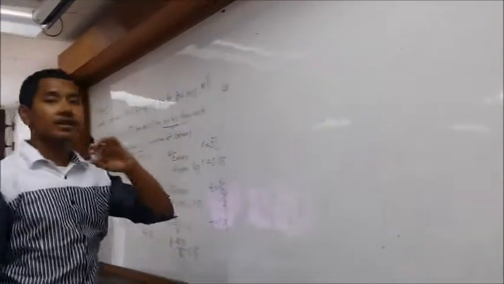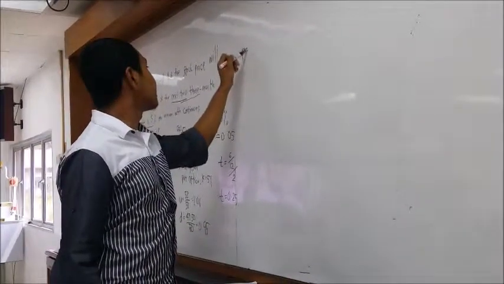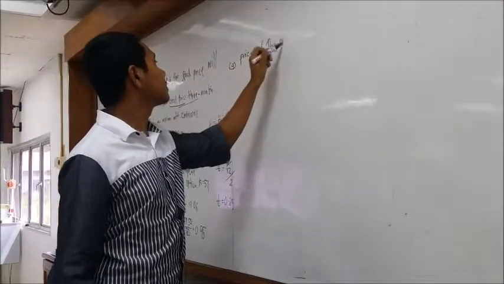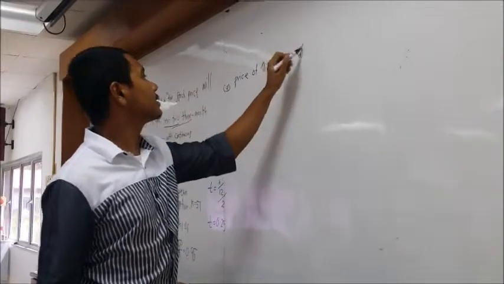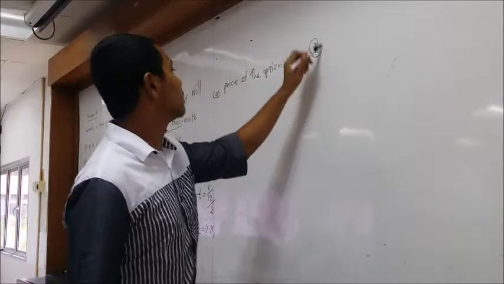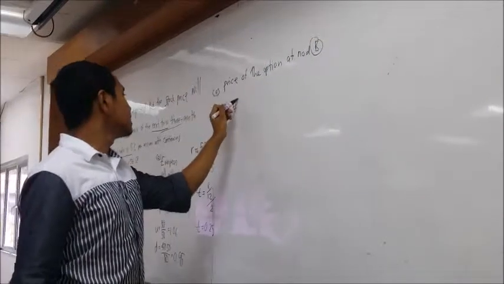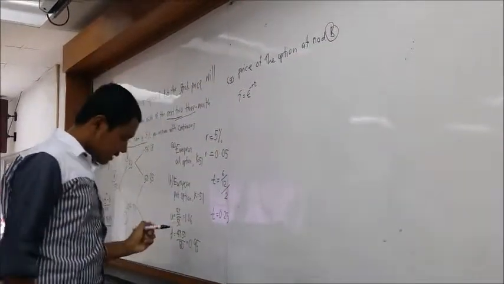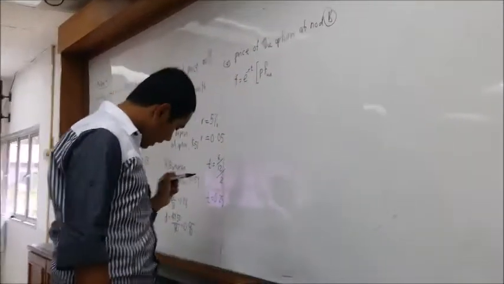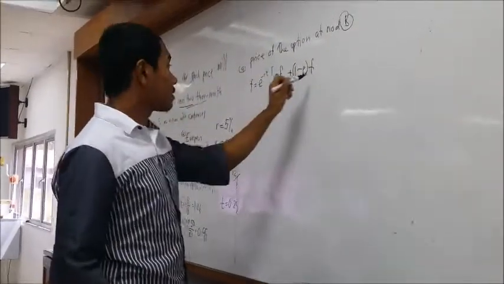Still for question A, the European call option, first we find the price of the option at node B. The formula is a little bit different from the direct formula: f equals e to the power negative rt, times (p f_uu plus (1 minus p) f_ud).